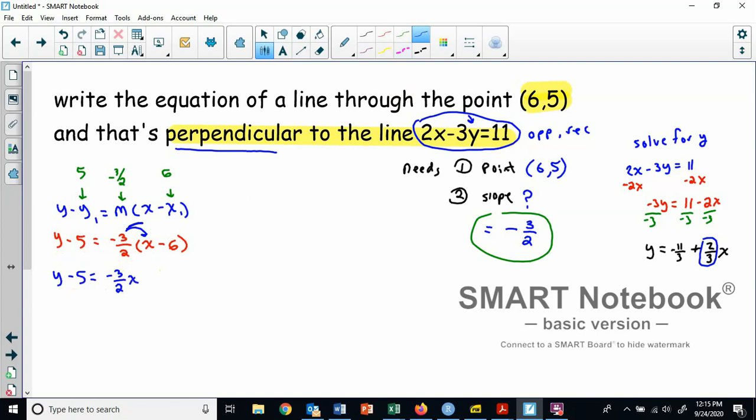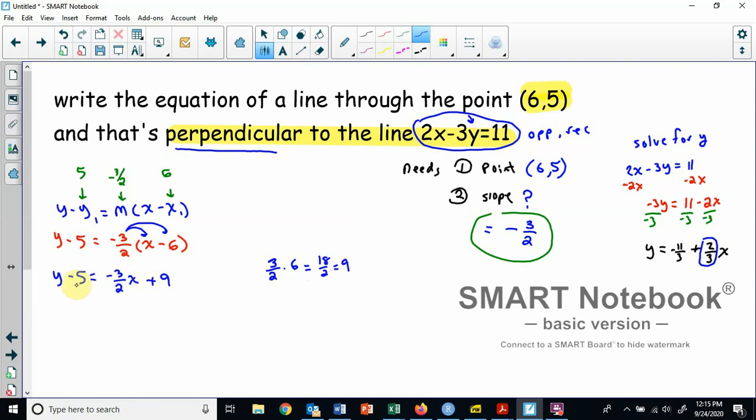And then let's be careful here. You may want to grab a calculator if you struggle multiplying fractions by whole numbers. Negative 3/2 times negative 6, that's going to be a positive. And what that will be is 9. If you did some scratch work out to the side, that would give you 18 over 2, or 9.